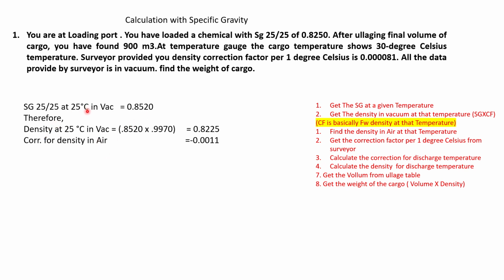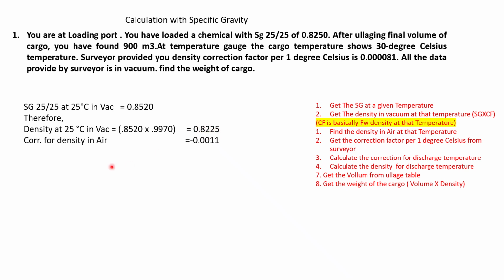to convert that specific gravity to density, what you need to do is multiply that one with the freshwater density at that temperature. That means at 25 degrees Celsius, the freshwater density is 0.9970, right? It is a constant. You'll find it in any table. So you just multiply that one with your specific gravity, and you get the density, right?